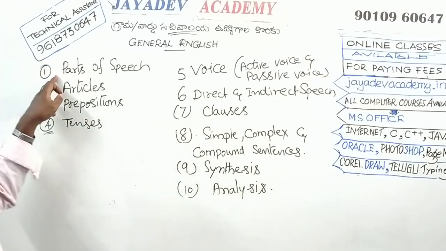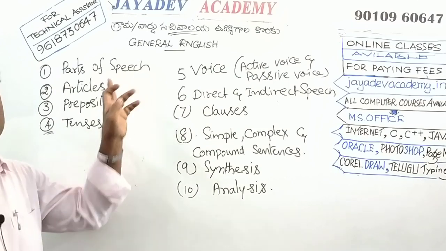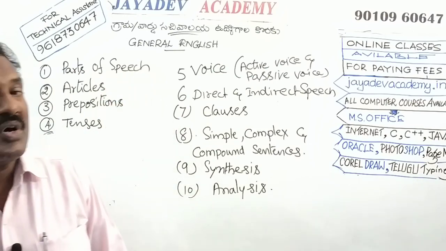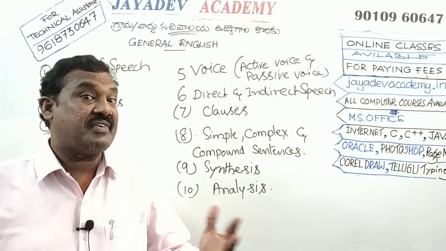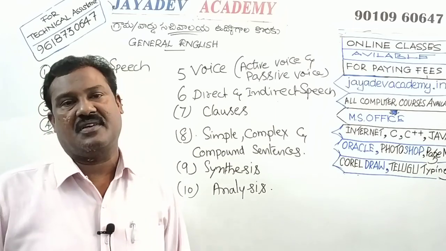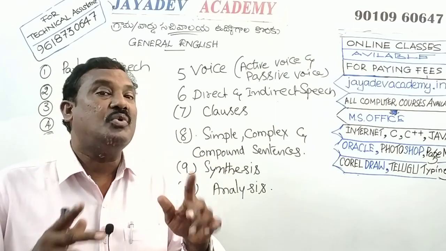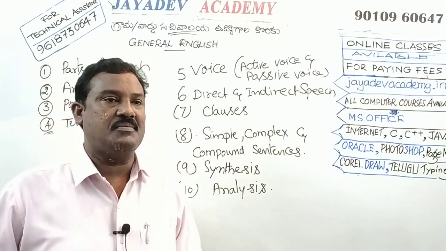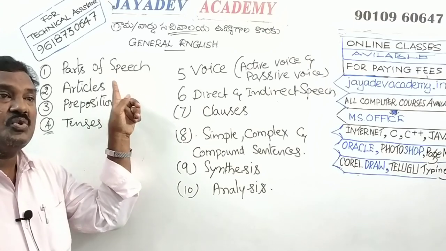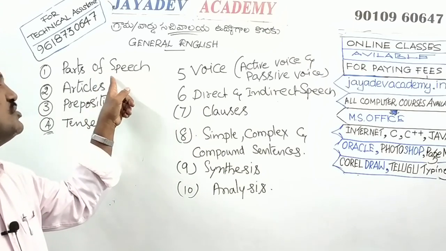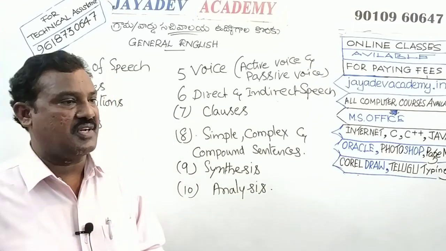Now we start with the first one, parts of speech. What is meant by parts of speech? For example, if you take one office, different persons are doing different work. According to their work, we are calling them with different names. In the same way, in a sentence, so many words are there. Each word is doing its own work.